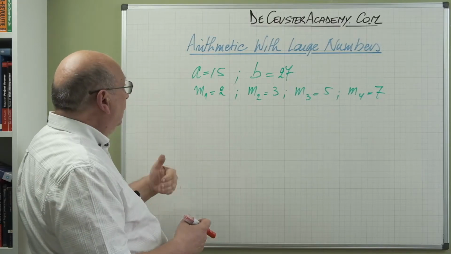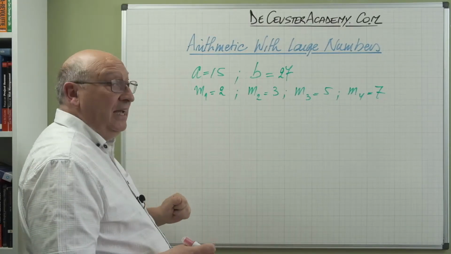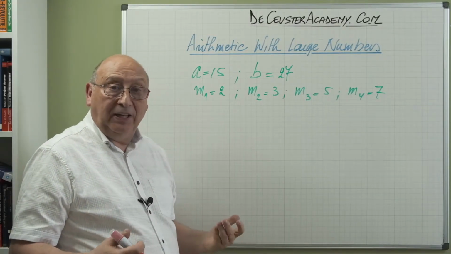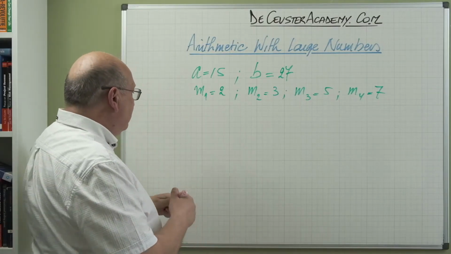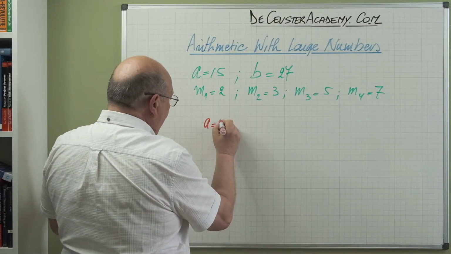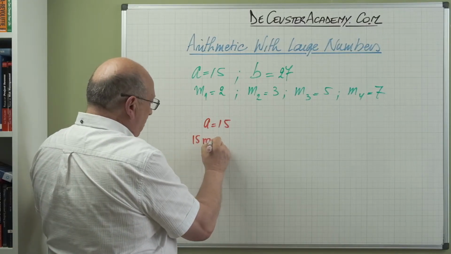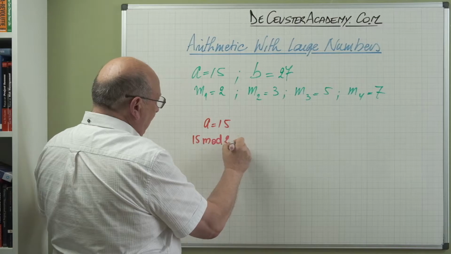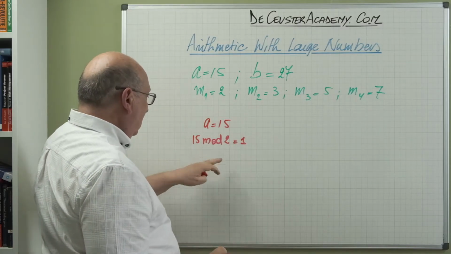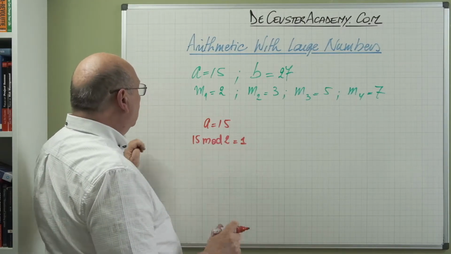The first thing to do is to transform A and B into an n-tuple, in our case a 4-tuple. So when we take A is 15, the first thing we do is 15 modulus 2, which is equal to 1, since 15 is 7 times 2 plus 1.